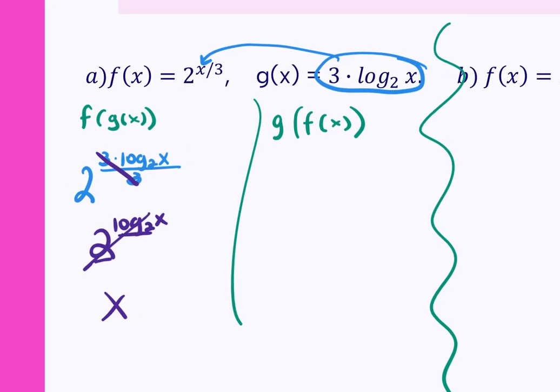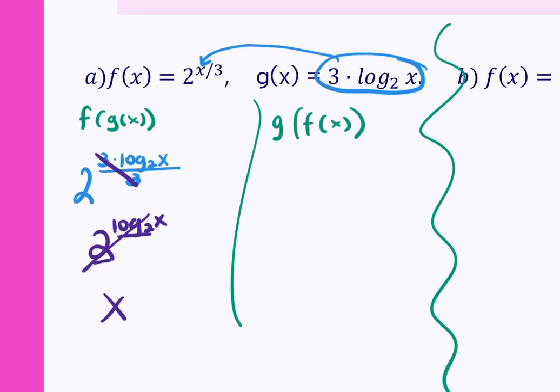Okay, so g of f of x, now I'm reversing it. This is getting plugged in to the log. So 3 times log base 2 of 2 to the x over 3. What can get simplified? Log base 2 of 2 to the x over 3.